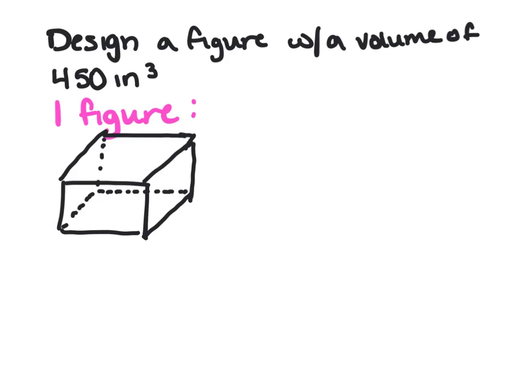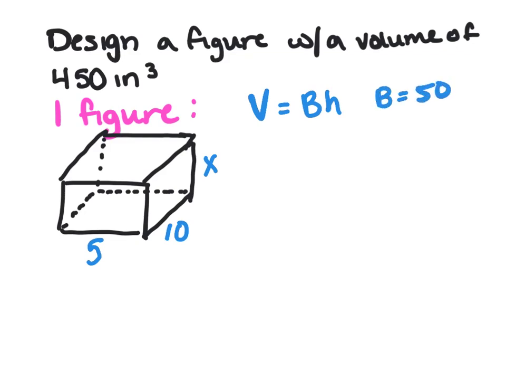And let's say I choose two of my side lengths. Let's say this is 5 and this is 10, but I don't know what this height is. So if I know the volume is area of the base times the height, the base would equal 50 for this scenario.